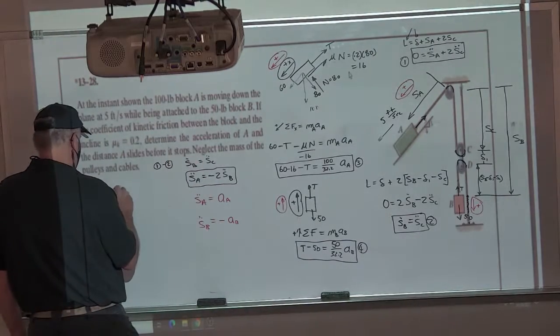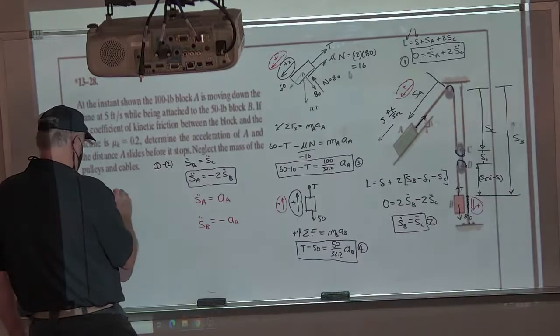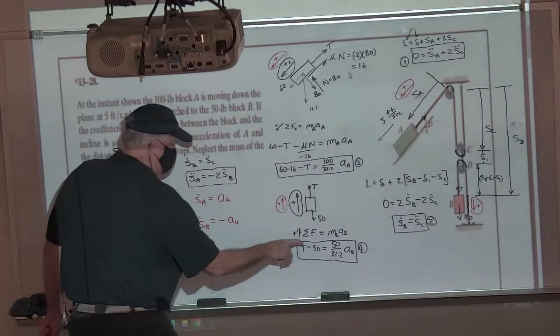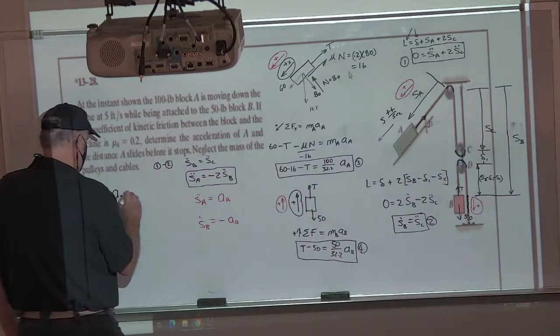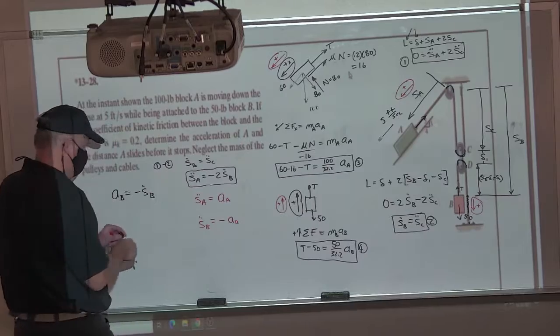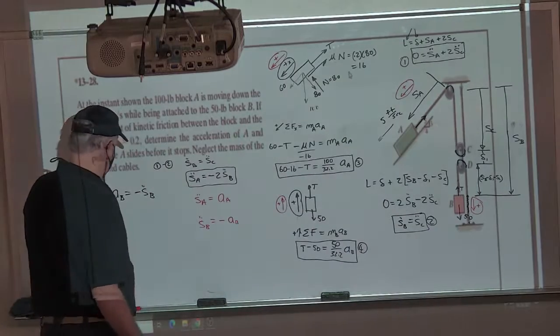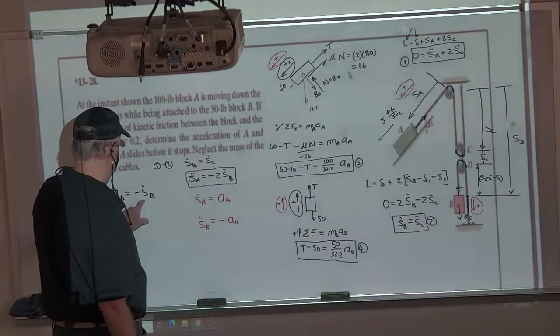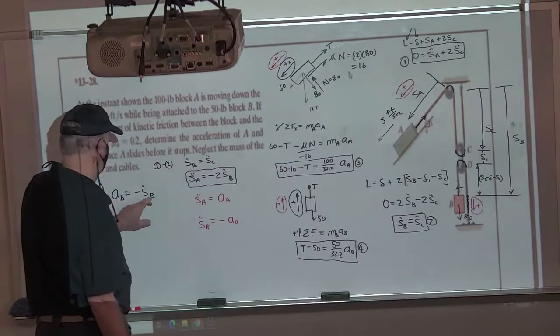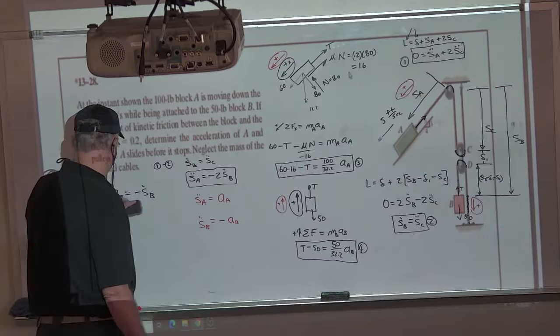So what I'm going to do, acceleration of B, because I'm shooting to change this, is equal to minus SB double dot. Now, here's the thing. If I look at this, I see something interesting.